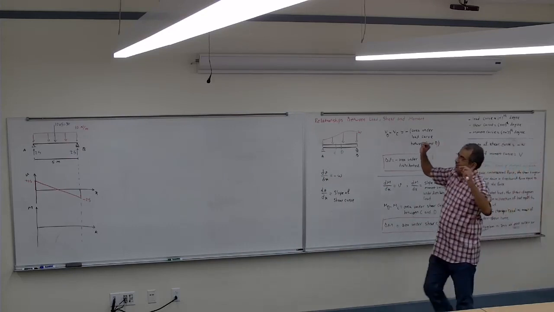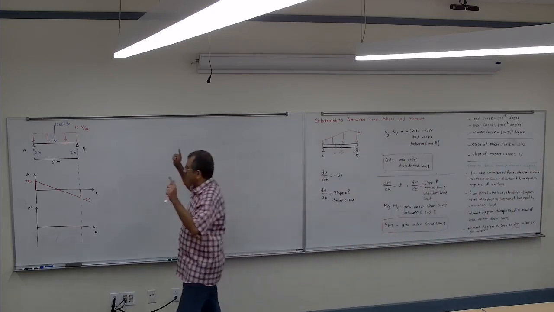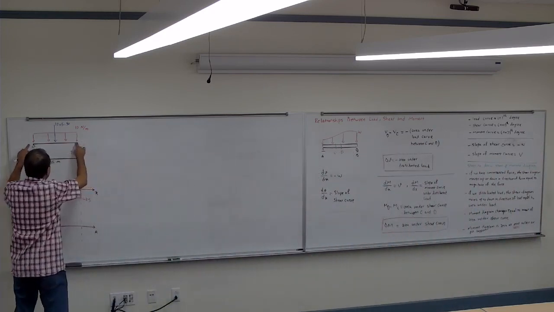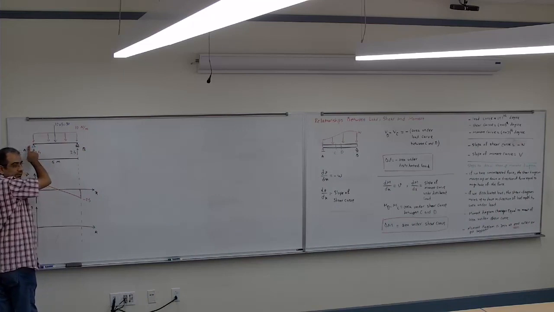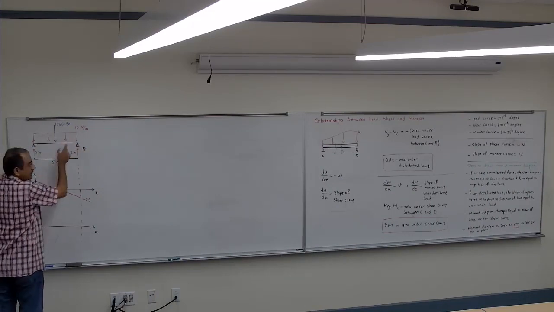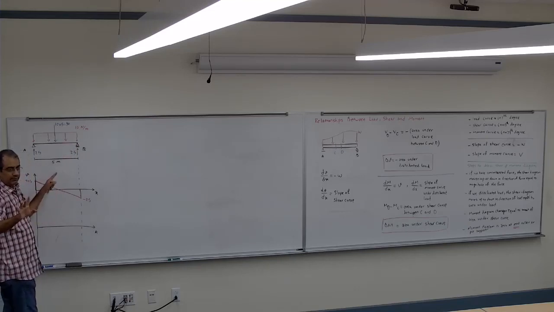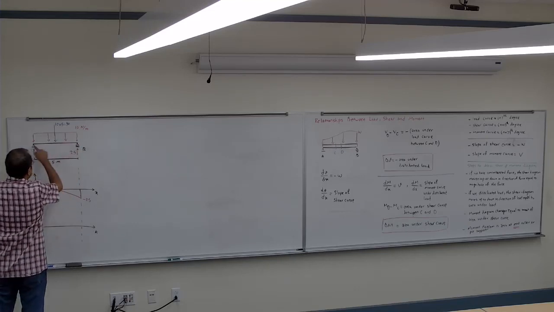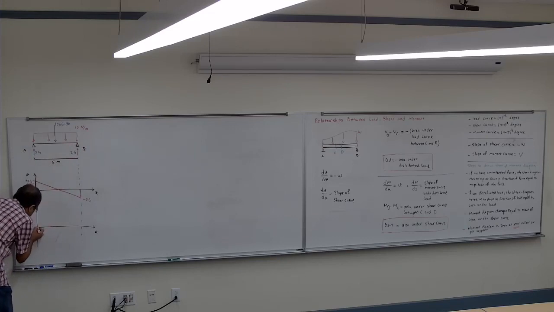So look at here. I have the support at two ends, I have a support at both ends. Remember that if it was not at the end, that rule doesn't work. But because it is at the end, the moment at those points is 0.